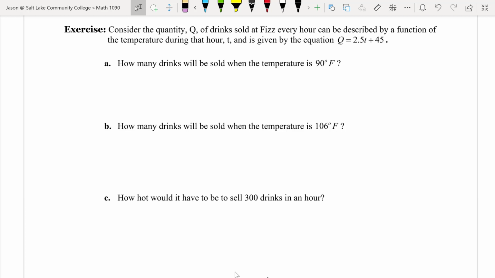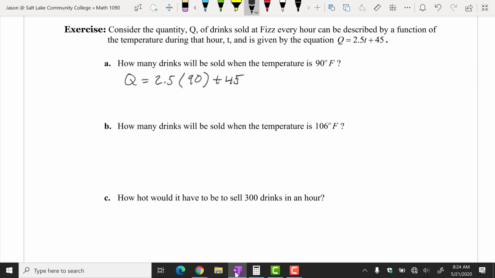Part A, how many drinks will be sold when the temperature is 90 degrees Fahrenheit? What we want to do here is evaluate this function for the quantity when the temperature is 90. So we need to evaluate for Q. 2.5 times 90, well, that's 2 times 90 plus half of 90. 2 times 90 is 180.